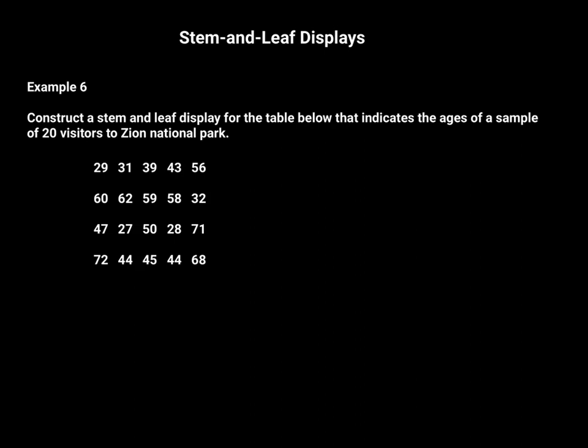The first thing I notice is that all of the ages are 2-digit numbers. And so when you create a stem and leaf display, you have a vertical line, okay? You have a vertical line like that. And this vertical line will separate the stem.